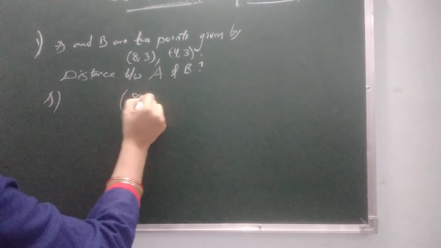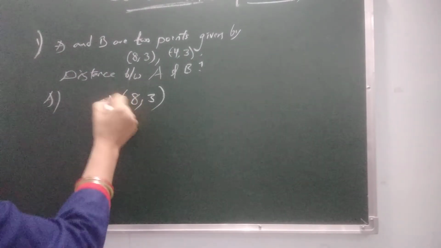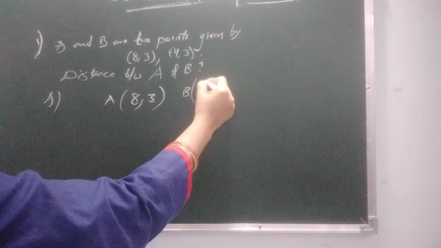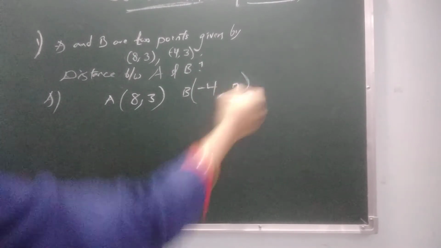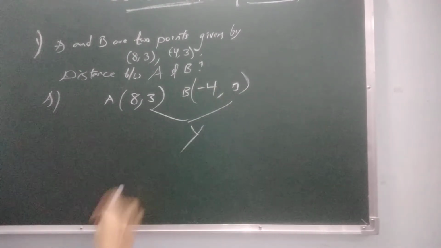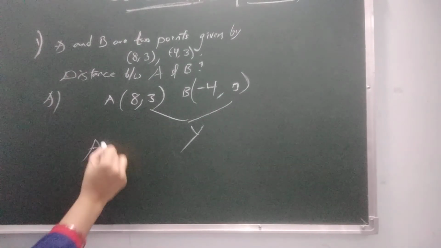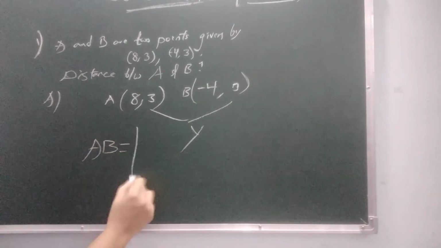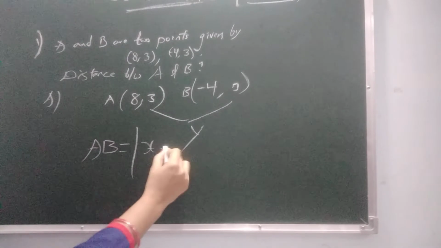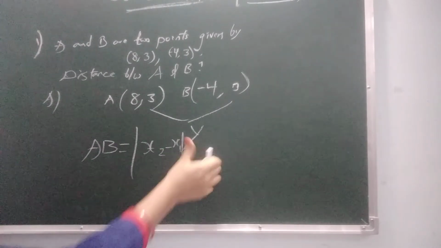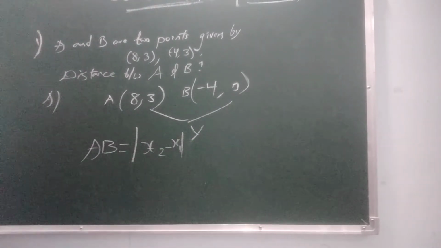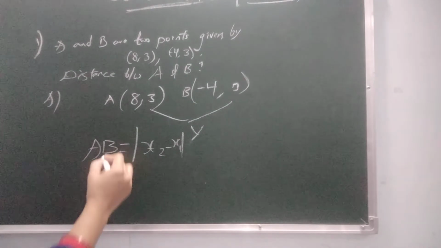See here, A point is like this and B point is here. Here the two y coordinates are equal, 3 and 3. So for this condition we have to use the distance between A and B equal to modulus x2 minus x1. Here we have to use the modulus x2 minus x1 formula.